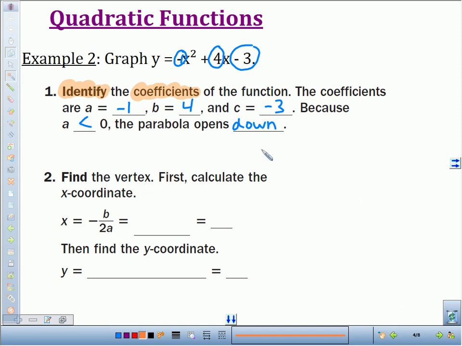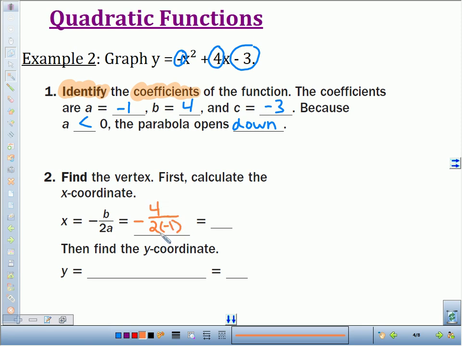On the chart that we just did, we saw that the x-coordinate of the vertex is negative b over 2a. Now a is negative 1, b is 4, so I'm just going to start by plugging in those values. I have negative 4 over 2 times negative 1. So all I've done is plug in b and a.